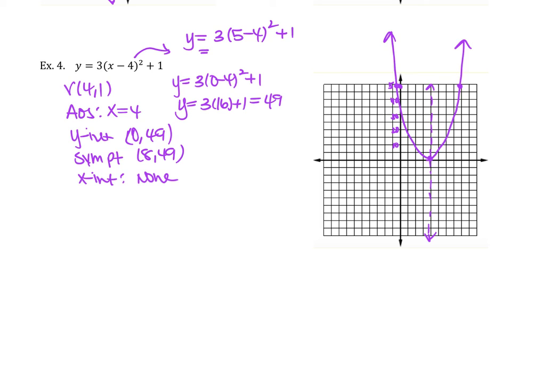So that is going to give me 4. So some points that I could plot, I would plot (5, 4), and then since (5, 4) is going to be 1 unit away from my axis of symmetry, I would just reflect it over and get (3, 4) as another point to plot.